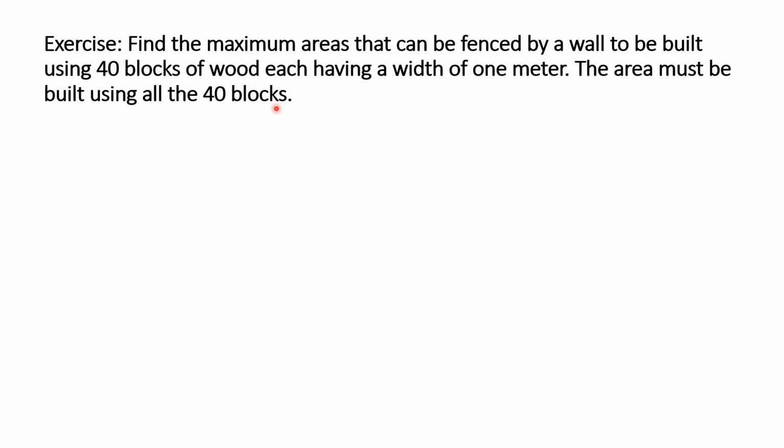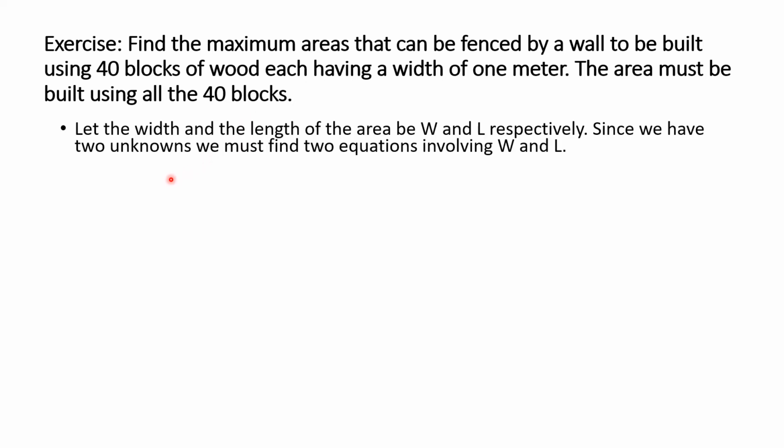We cannot leave out any block, we cannot add any block, we cannot use half of a block. We have to use all the blocks as they are to build an area as maximum as possible. So here is what we should do. Let the width be W and the length be L, respectively.